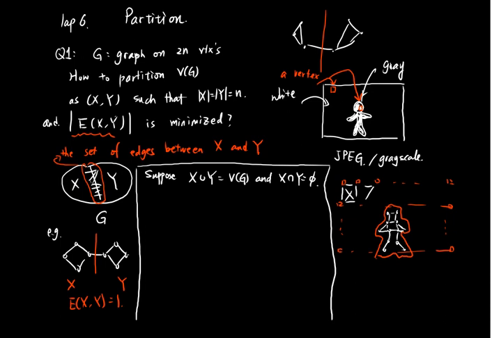Then we can say phi of X and phi of Y, the characteristic vectors of X and Y. We have seen this before.